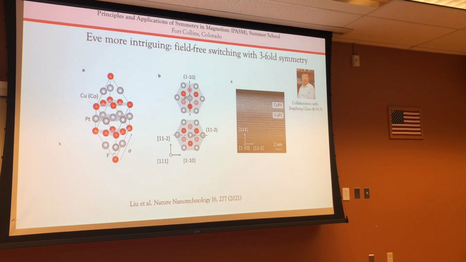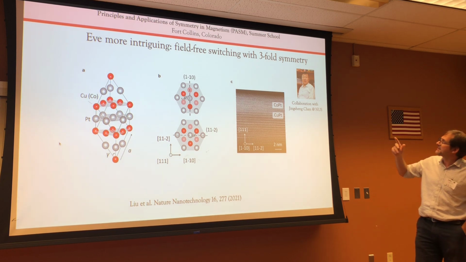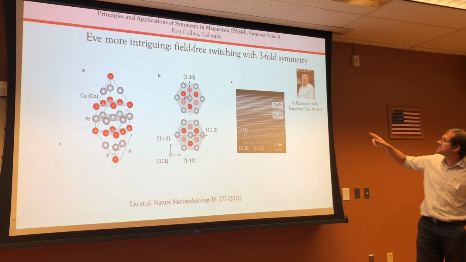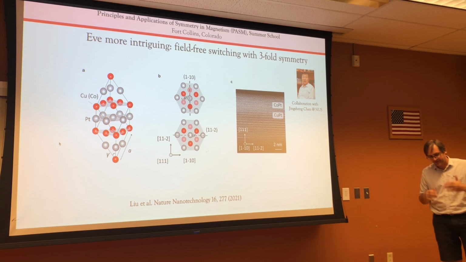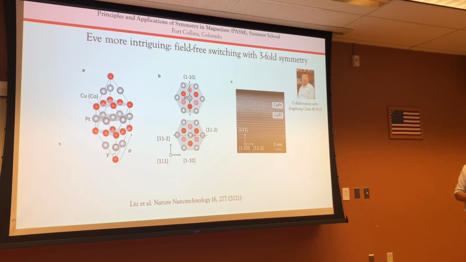The last thing I want to mention, and that's kind of an introduction to the last part of this lecture, within 2 days, is an experiment that was done by Chen at NUS. Chen is an expert in growing perpendicular materials. He has been working with industry to grow perpendicularly magnetized materials for data storage.